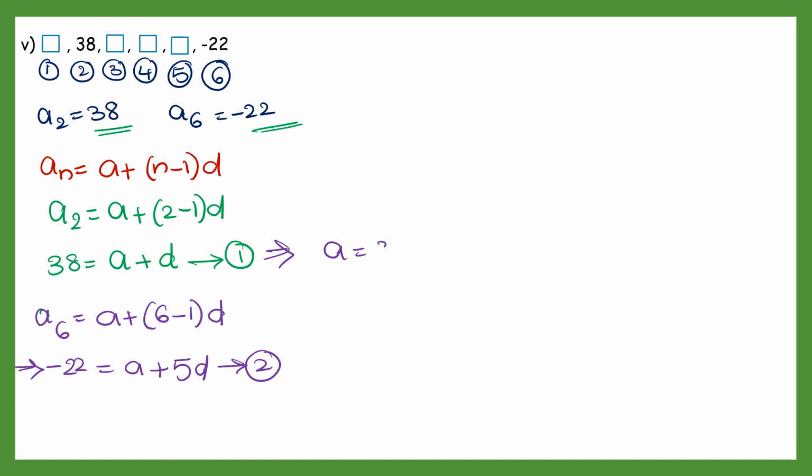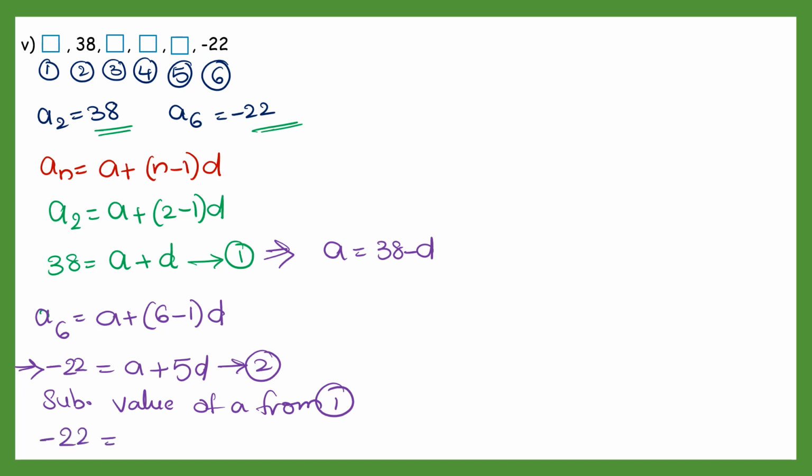From the first equation, can we write the value of A? A is equal to 38 minus D. Let's substitute it in the second equation. Substitute the value of A from the first equation. What do we get?